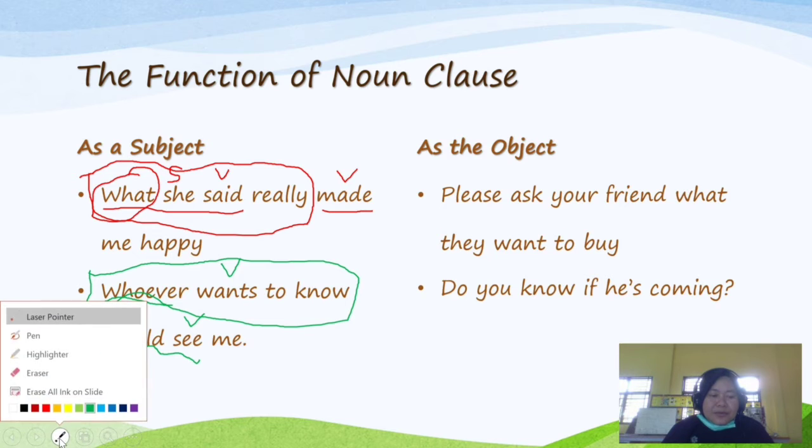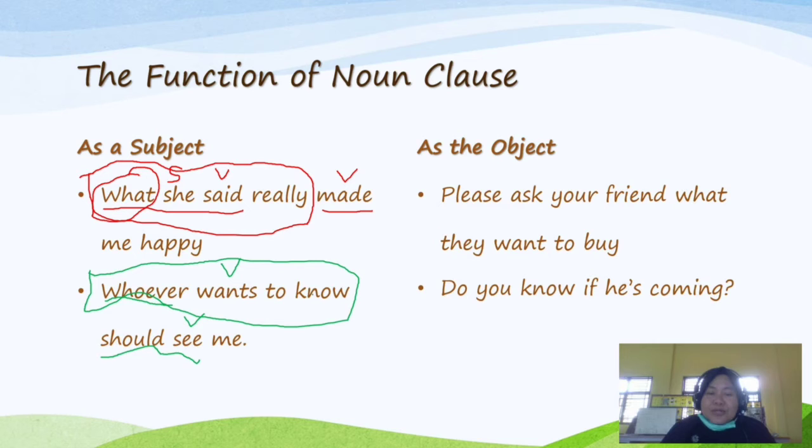Who is the subject in the sentence? Yeah, the subject is you, because this is an imperative sentence, so somebody asks you to do something, so you are the subject.